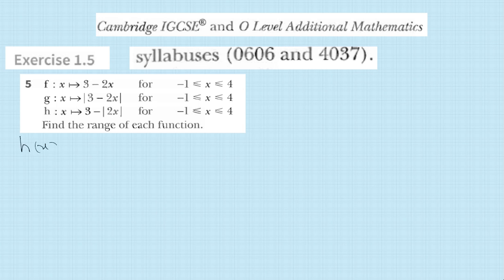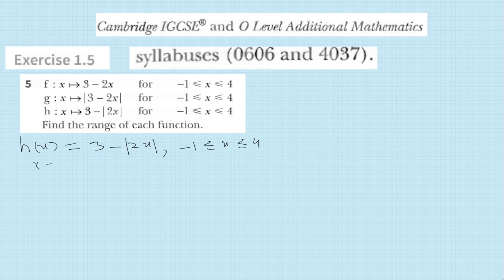Last part is h(x) = 3 - |2x|, and the domain is from -1 to 4. Again, first we put the starting value -1.